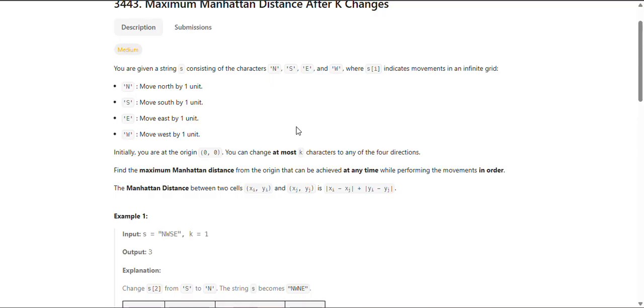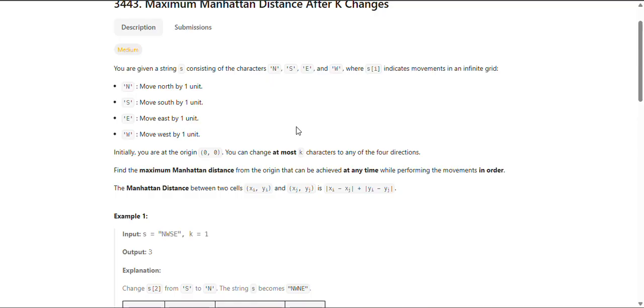So let's say we have a string NS, and I encounter N, and that goes one unit to the north, and then I encounter S, and I change that S to north. So at this point my position would be 2 and not 0. So I have a difference of 2 if I'm changing one letter.